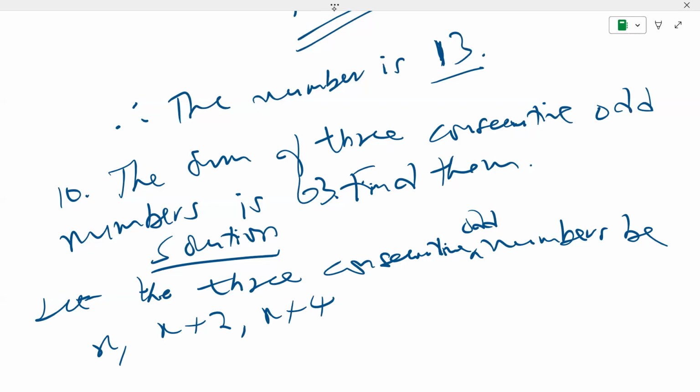Okay, so these are the 3 consecutive odd numbers that we are actually talking about.